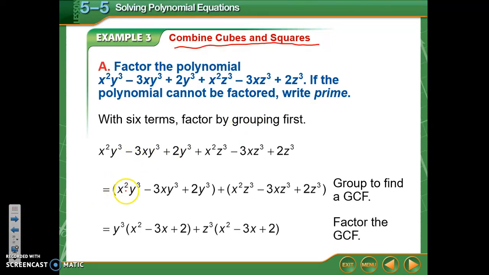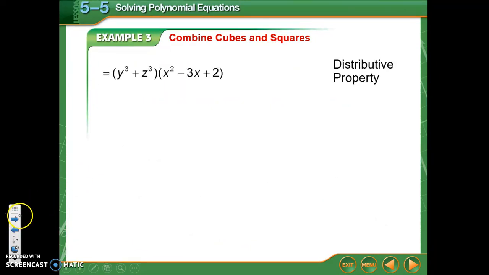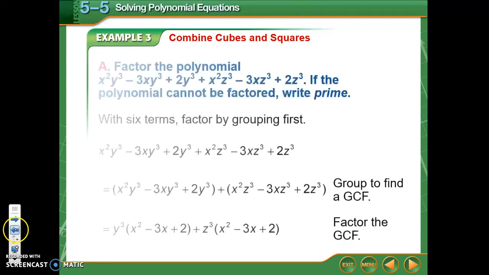The GCF in my first 3 terms is y cubed, so I factor that out. I'm left with x squared minus 3x plus 2. And then in this part of my polynomial, I have a GCF of z cubed, so I factor that out. And notice that both of these parts match, so now that x squared minus 3x plus 2 is a common factor. So I'm left with y cubed plus z cubed times x squared minus 3x plus 2.